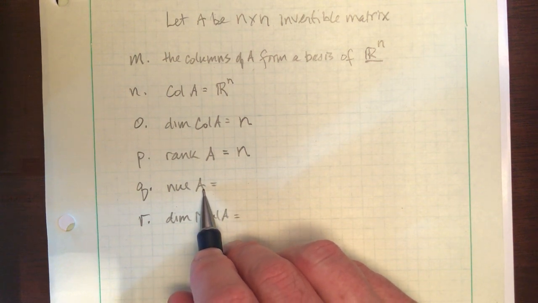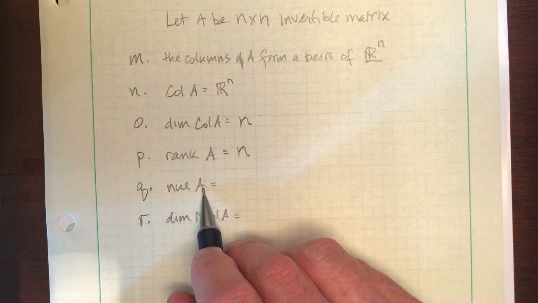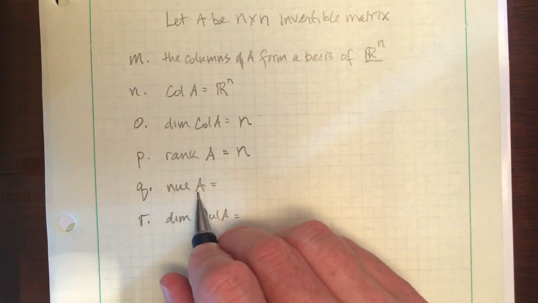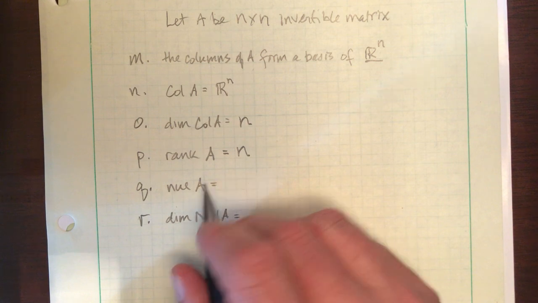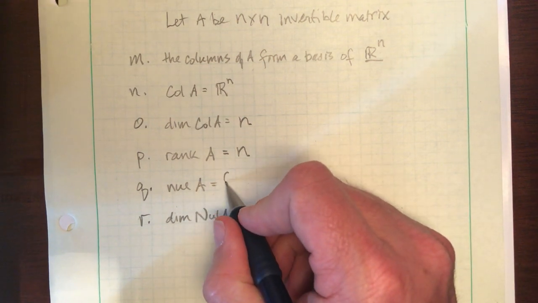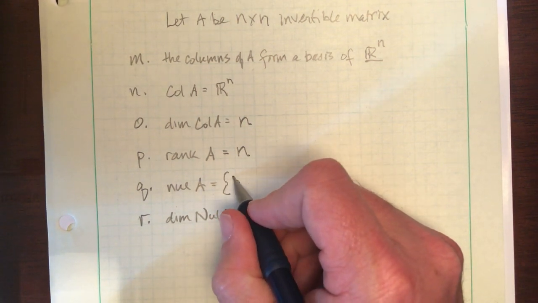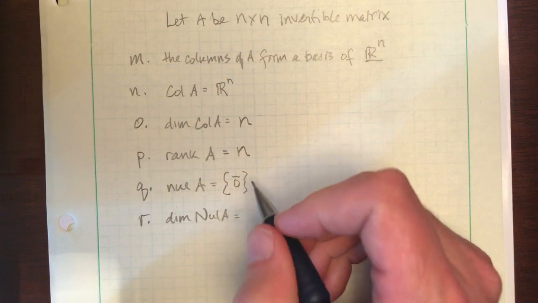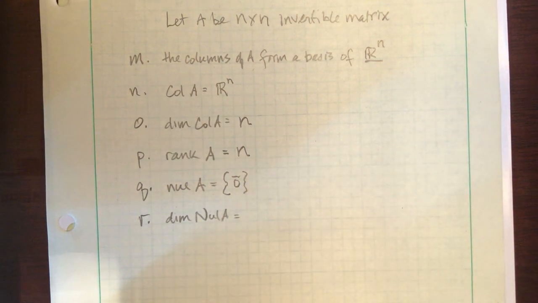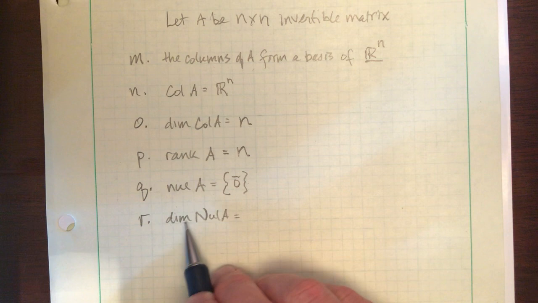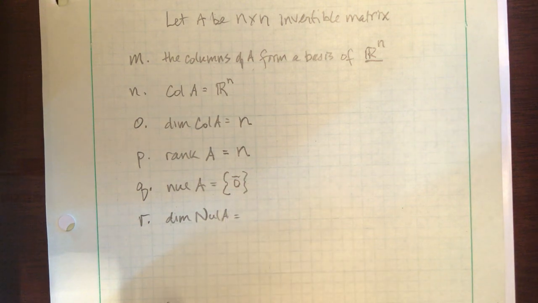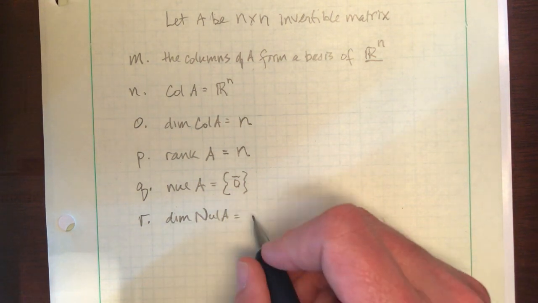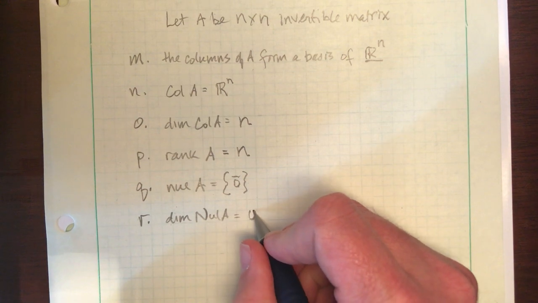Well, if every column has a pivot, there's no basic variables, then the only solution to the homogeneous system would be the trivial solution, so there's at least one thing in the null space of A, and it's just the zero vector. And then what's the dimension of the set of vectors that contains only the zero vector? It doesn't even have a dimension other than 0.